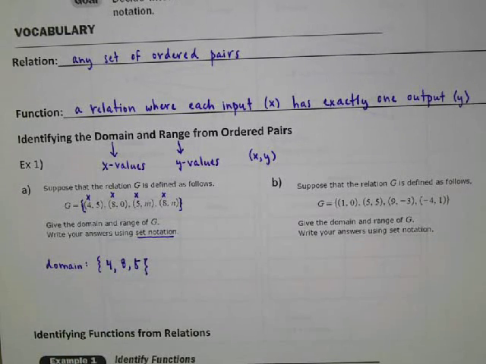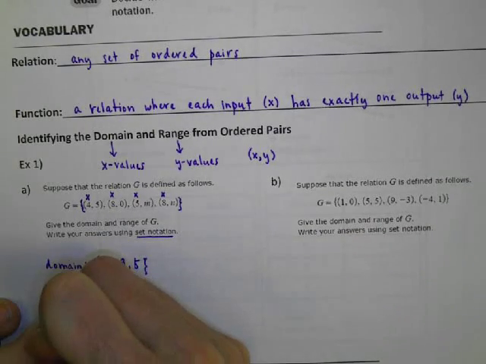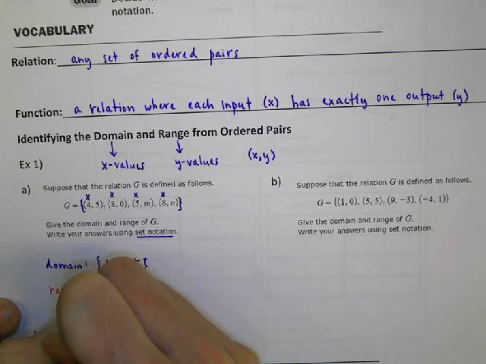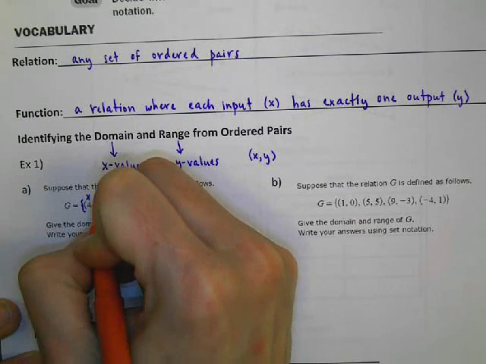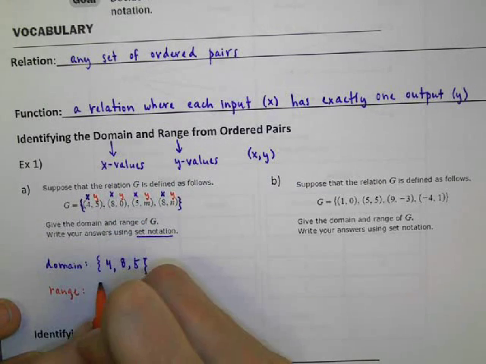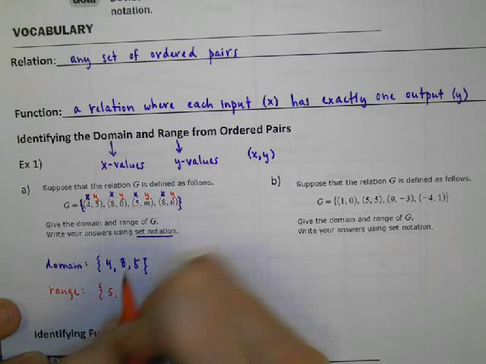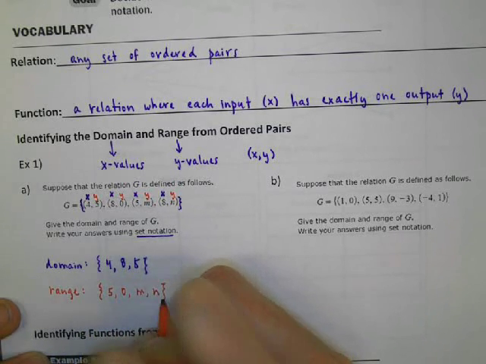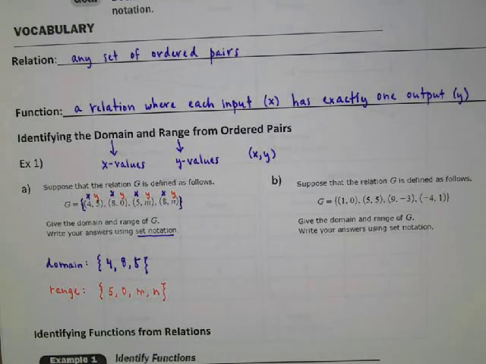So my domain is just my x values. Now my range, on the other hand, we said is the y values. So these are all of these values. In my range, I have 5, 0, m, and n. And that would be my range.